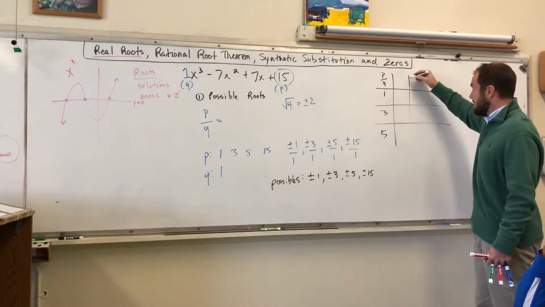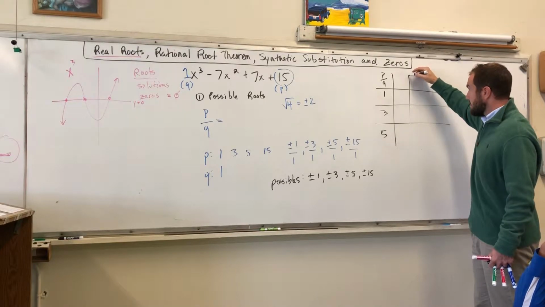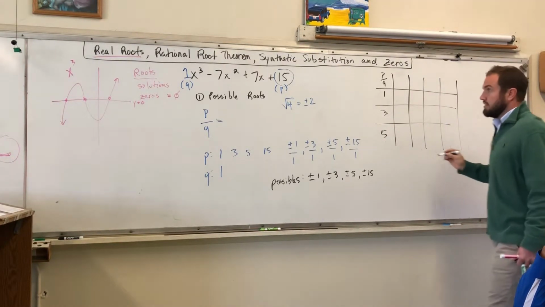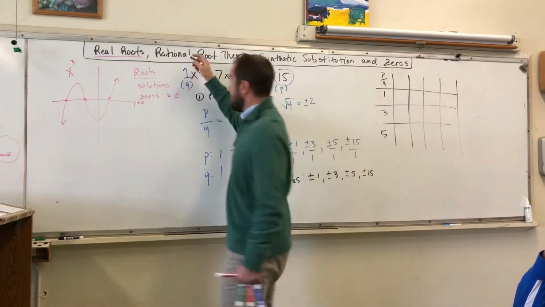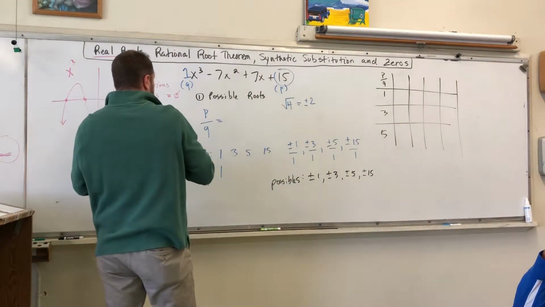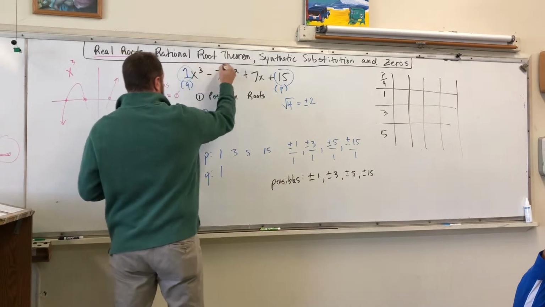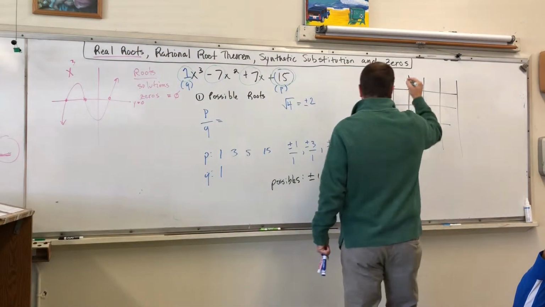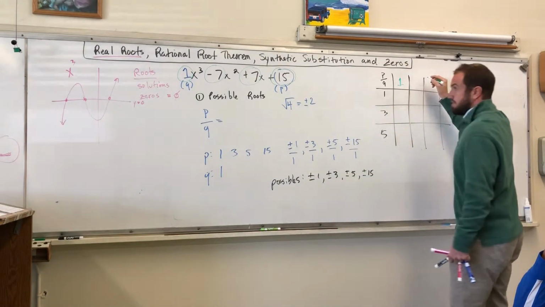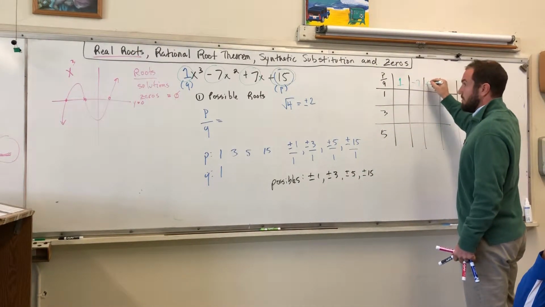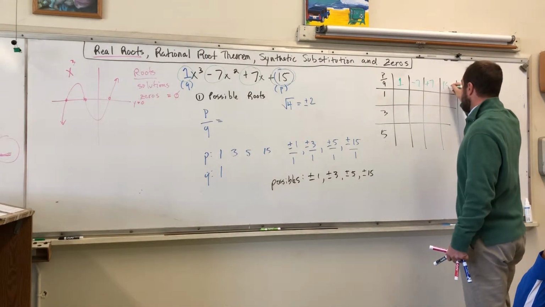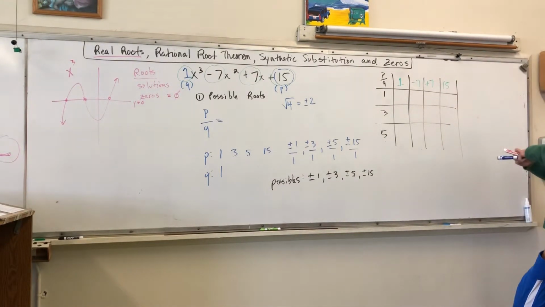Now up here in this chart, we're using all our coefficients from our original equation. We're using the 1, the -7, positive 7, and the 15. And this is where signs really come into play. You don't want to mess around and make a mistake with a sign, because then that would lead to a lot of wasted work.